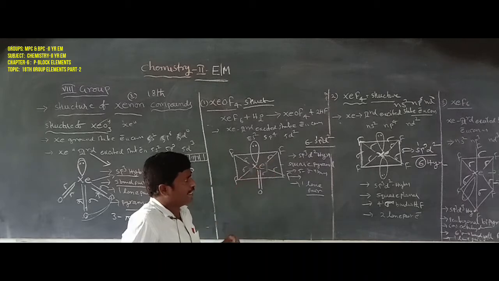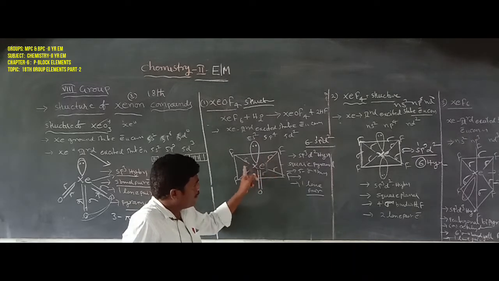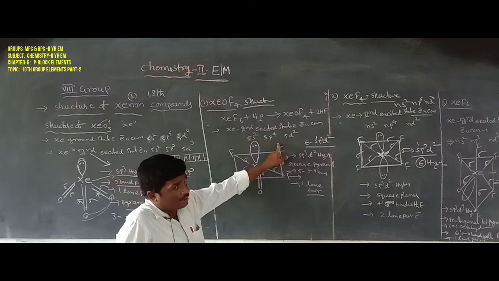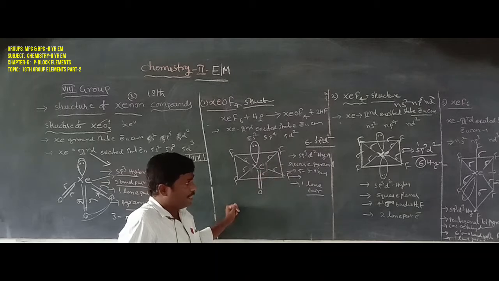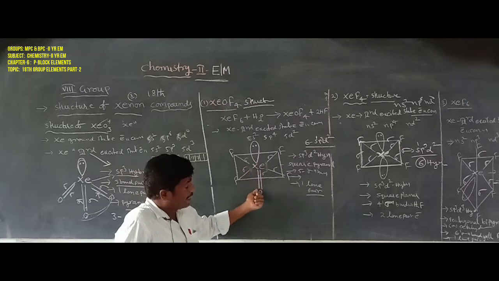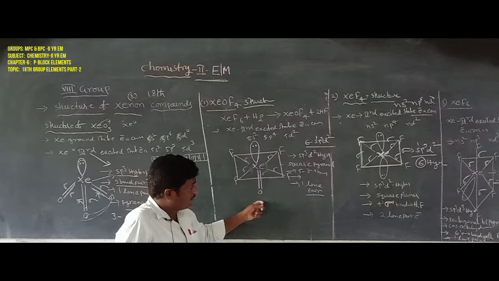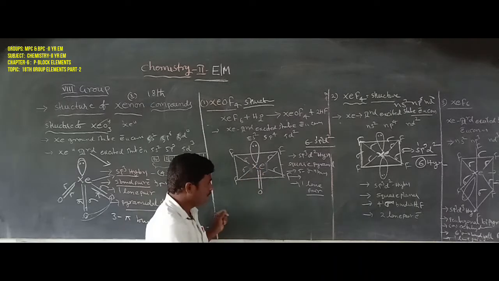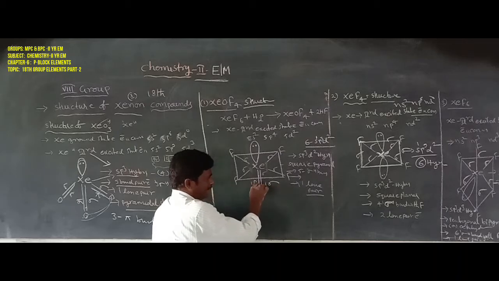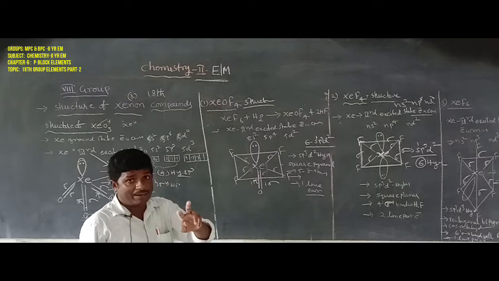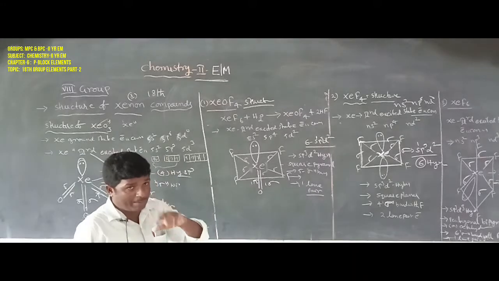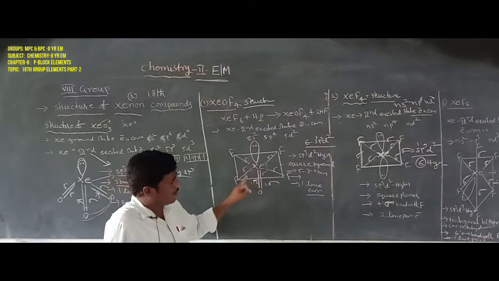Among the 6 sp3d2 hybrid orbitals, 4 form sigma bonds with the 4 fluorine atoms. The remaining xenon central atom bonds with one oxygen atom, forming one sigma bond and one pi bond, that is, a double bond consisting of one sigma and one pi.